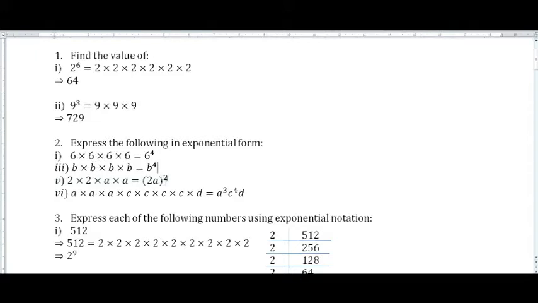That means 2a to the power 2. In the same way here, a is occurring 3 times and c is occurring 4 times and d is there. Here a is occurring 3 times, that means a to the power 3, c to the power 4 and d. That is the way to express certain numbers which are occurring more than 1 time into their exponential form.